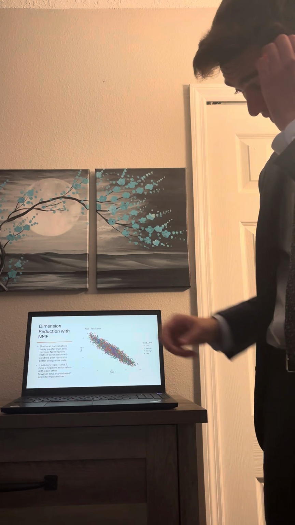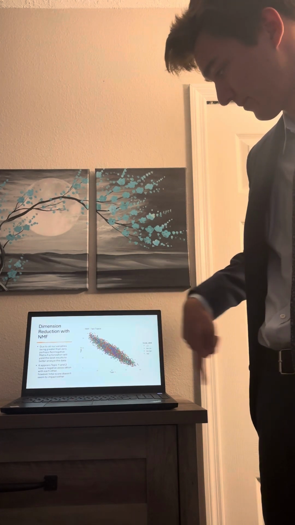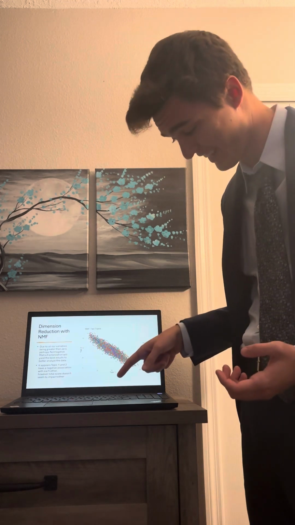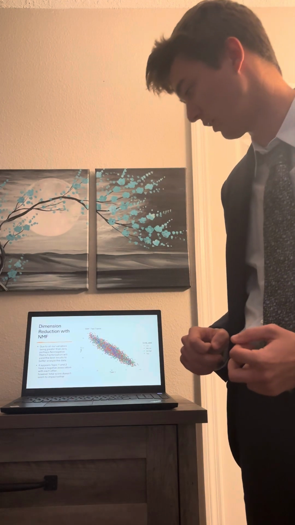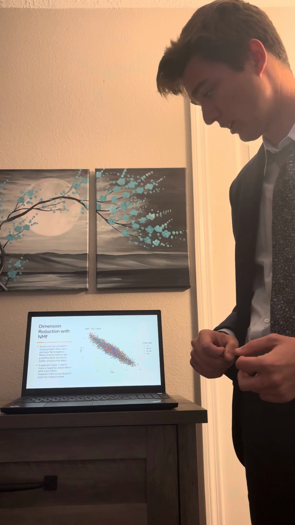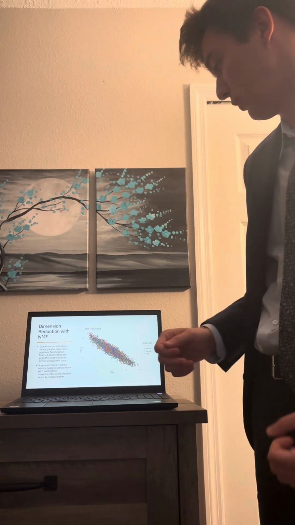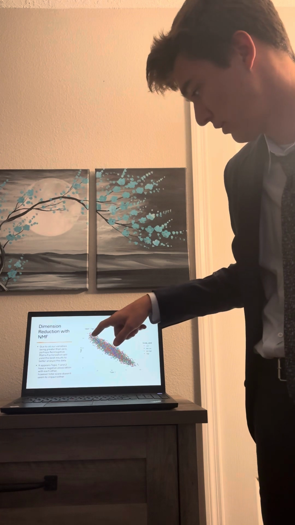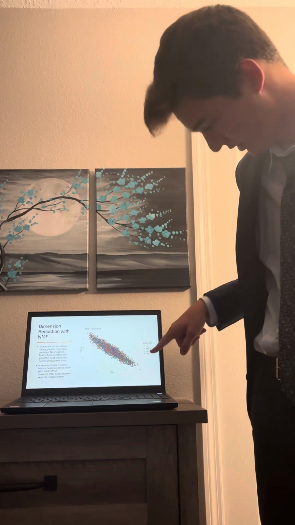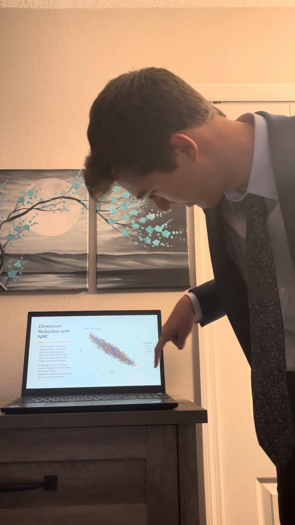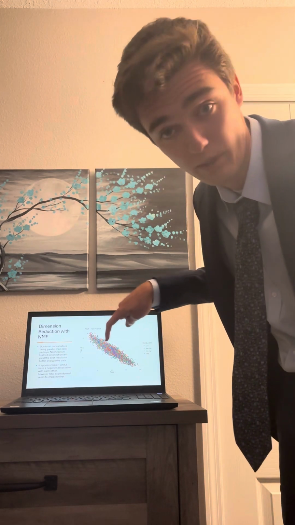Now, while these points show us that there is a negative relationship between topic 1 and topic 2, we know that negative relationship has nothing to do with score levels, as there are green, red, blue, and purple all throughout here.